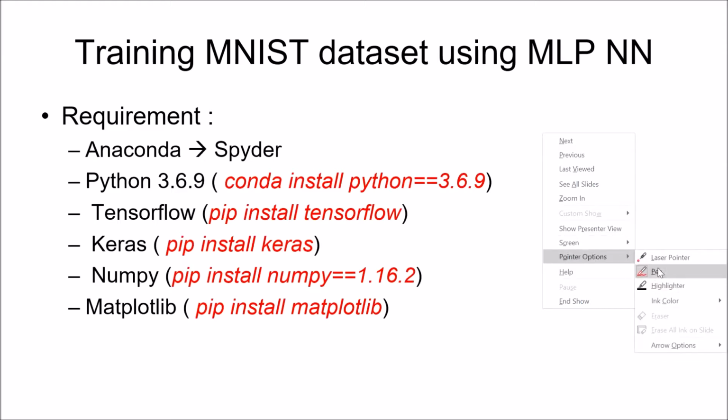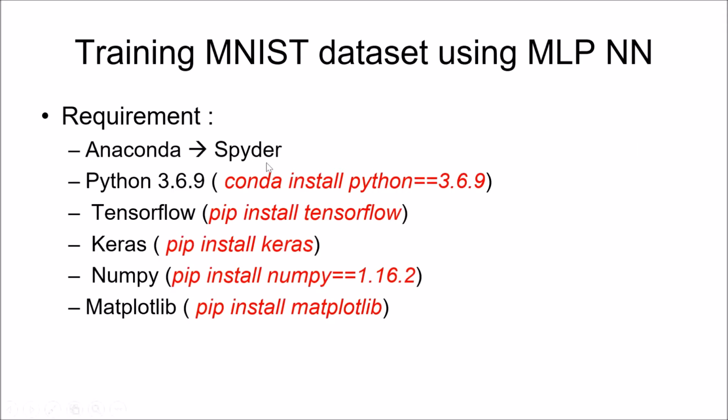You need to use this configuration. You need Python 3.6 as the minimum requirement. It can be 3.6.10 and so on. You need to install TensorFlow by using the command pip install tensorflow, and then Keras, pip install keras, and then NumPy, pip install numpy.